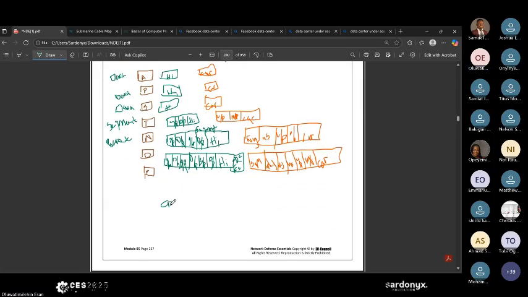CRC is what we call cyclic redundancy check, and FCS is what we call frame check sequence.